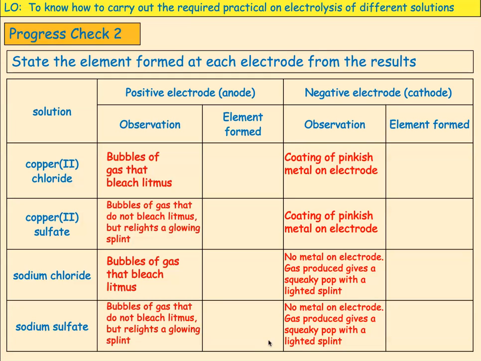Copper sulfate: we've got bubbles of gas that don't bleach litmus, but will relight a glowing splint, and again a pinkish metal on the electrode. So read through this, pause the video and try to predict what the elements are, and then restart the video. We'll go through the answers.